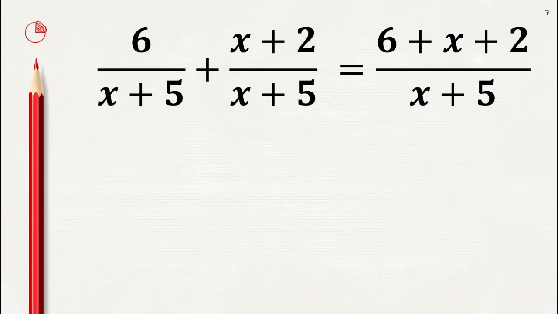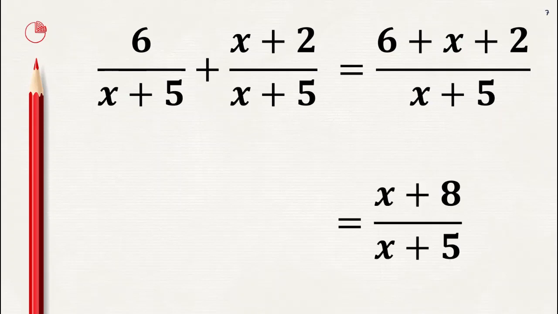Similar terms in our numerators are 6 and 2. So we add 6 and 2 and their sum is 8. So for our numerator, we have x plus 8. Our denominator is x plus 5. Therefore, the sum of 6 over x plus 5 plus x plus 2 all over x plus 5 is x plus 8 all over x plus 5.